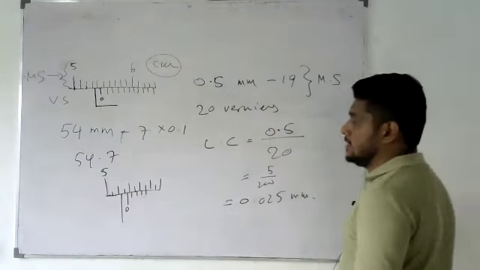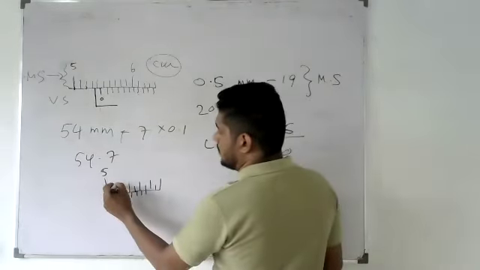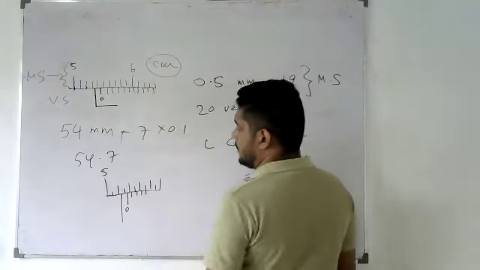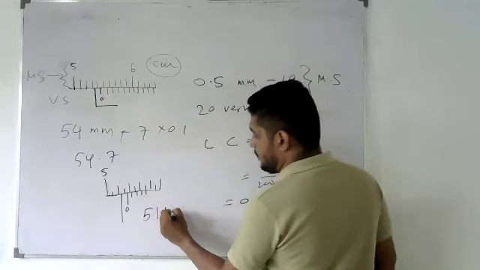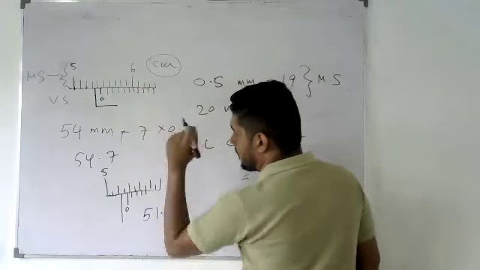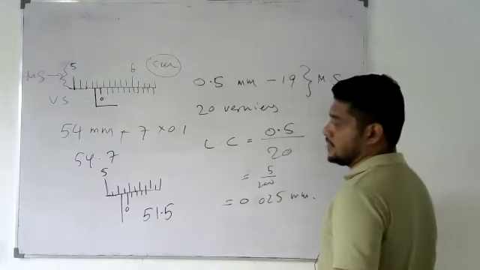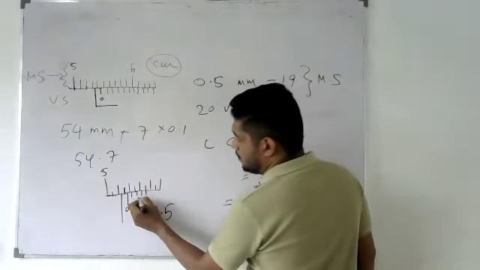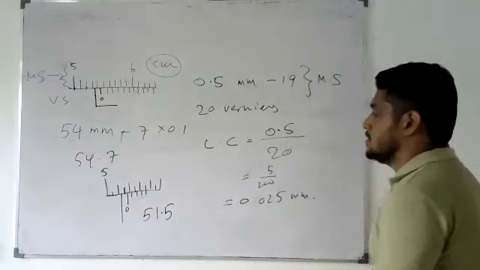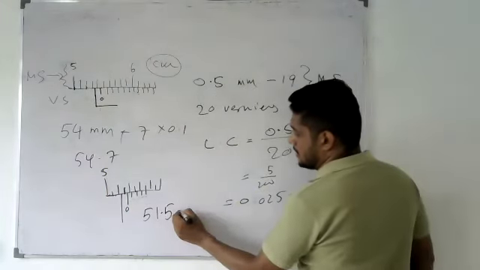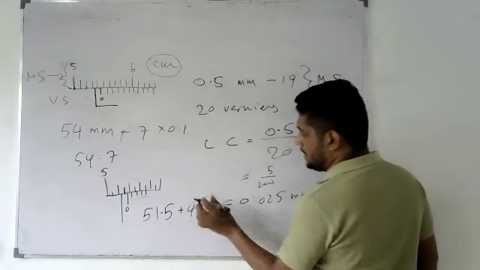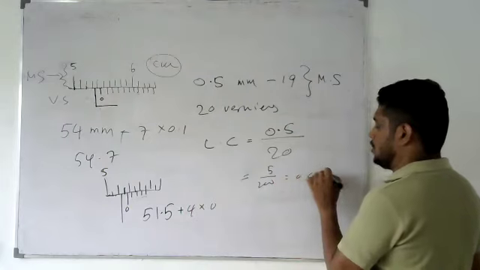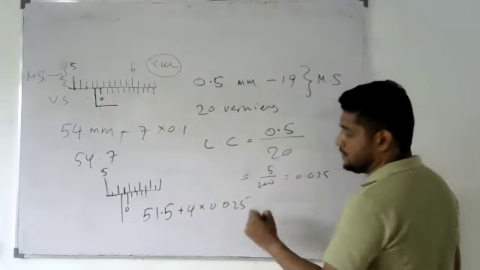So you have to read the main scale reading 51.5. That is the reading from the main scale. Right? මෙතනට ඇවිල්ලානේ 51.5 and 1 2 3 4. Right? So you have to multiply 4 into 0.025.